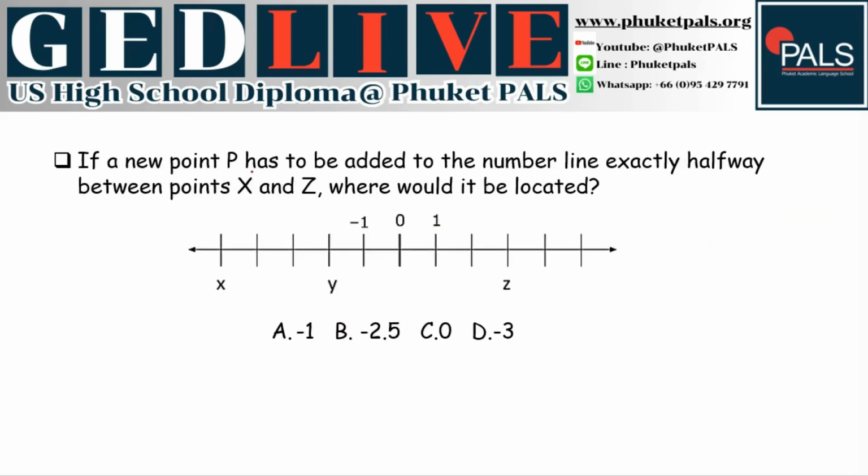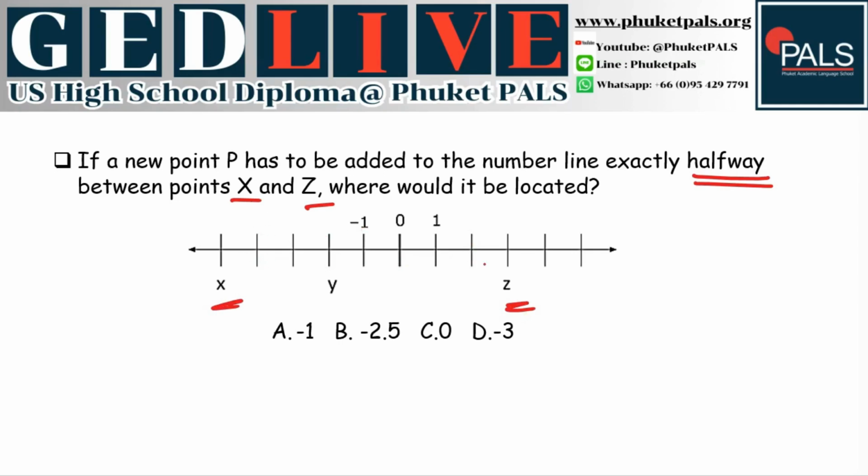If a new point P has to be added to the number line exactly halfway between points X and Z, where would it be located? So P has to be added to the number line exactly halfway. So halfway means again we are finding the midpoint. Midpoint of what? Midpoint of X and Z. So X and Z is here. If you have to find out the midpoint, you just have to count the division lines in between them.